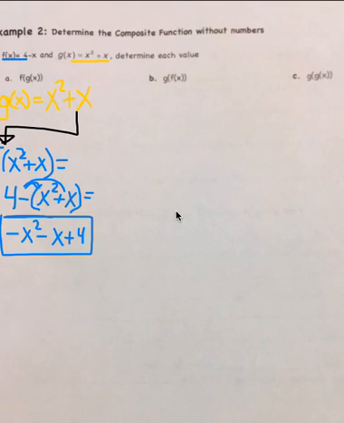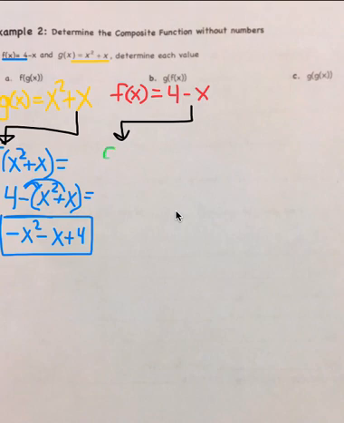Now you're going to see that g of f of x is not going to be the same thing. So we know f of x is 4 minus x. So we are going to plug this into g of x now.